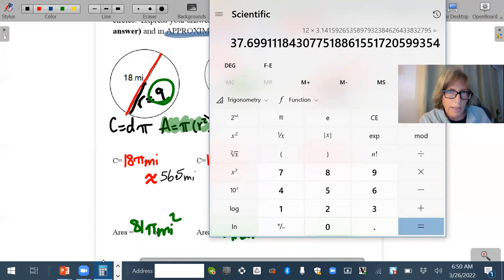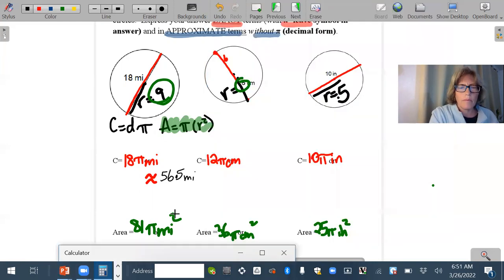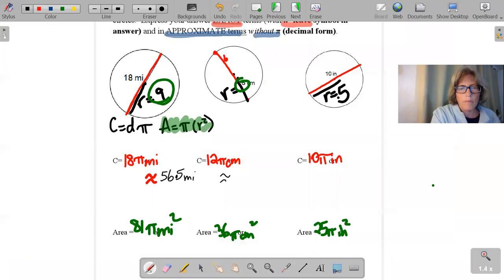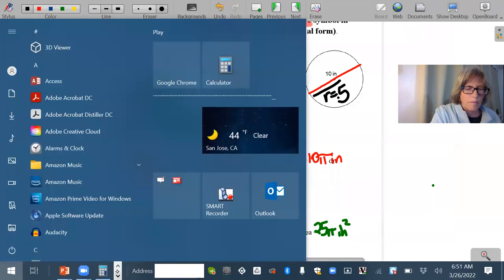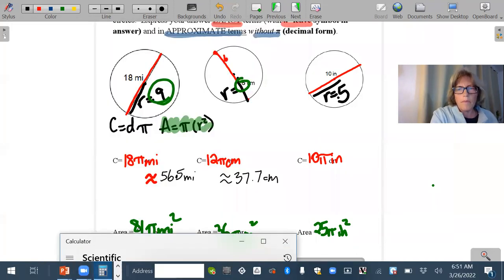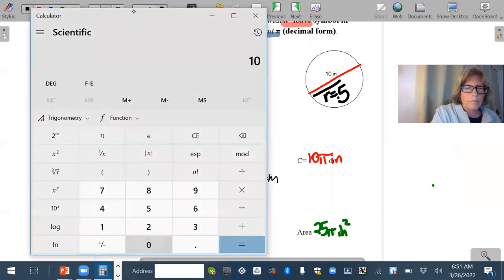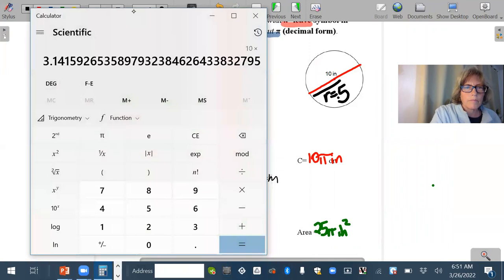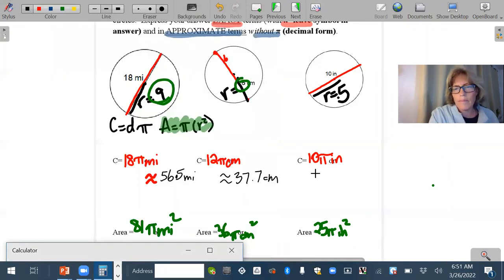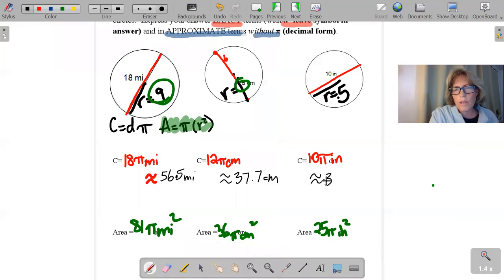Please make sure you're getting these numbers also on your calculators. And then, of course, 10 times pi. 31.4. Notice I'm using the approximate sign, 31.4 inches.